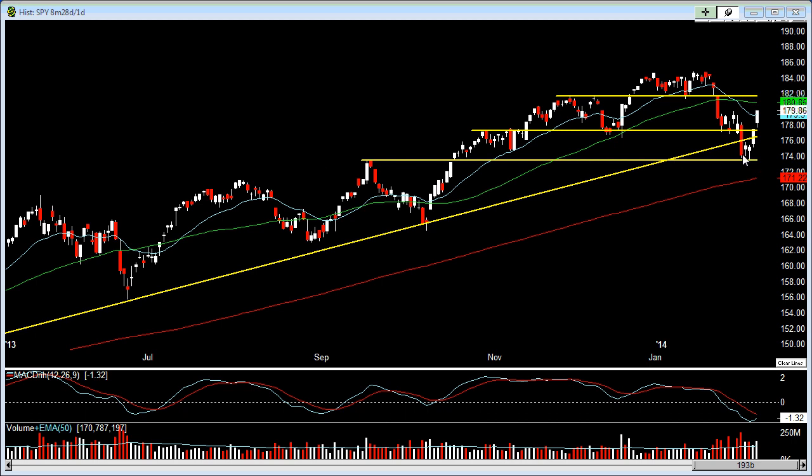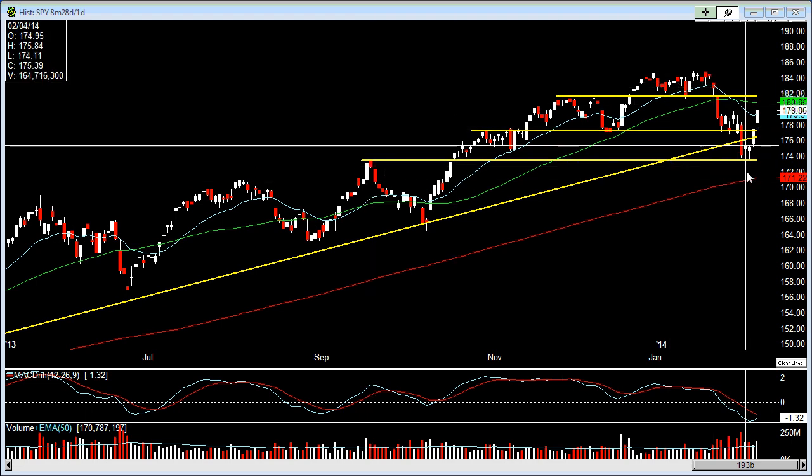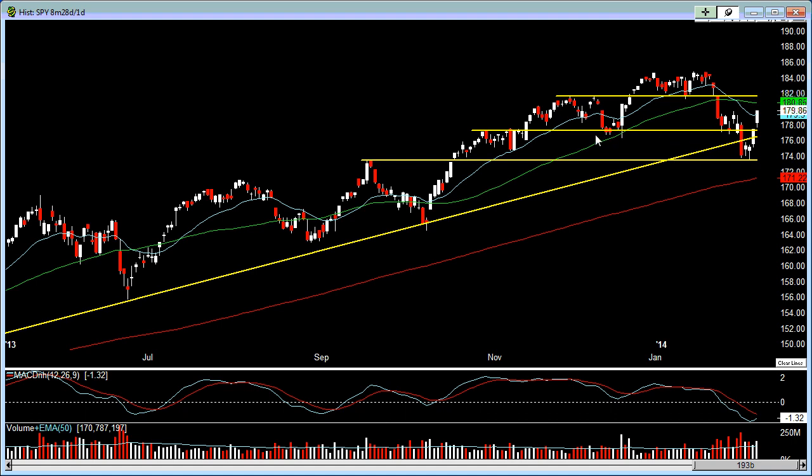You can see the Spider came down and found some support at this pivot here, somewhere around the level of 173.60. Right, so somewhere around that 173, and then it got a nice little bounce, and right now it seems to be recovering.